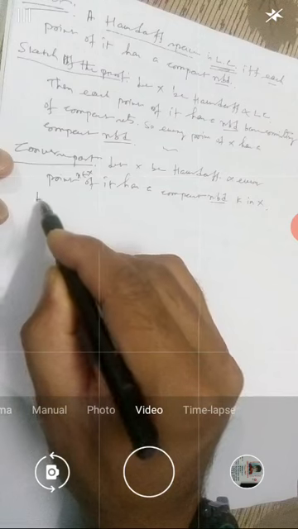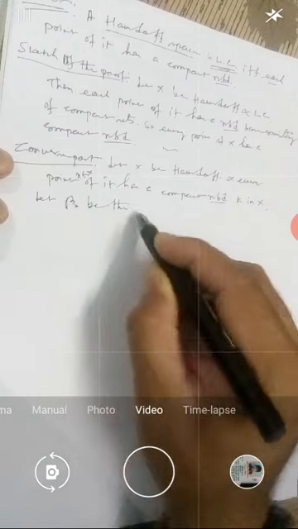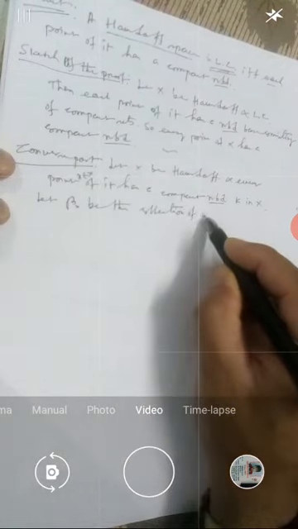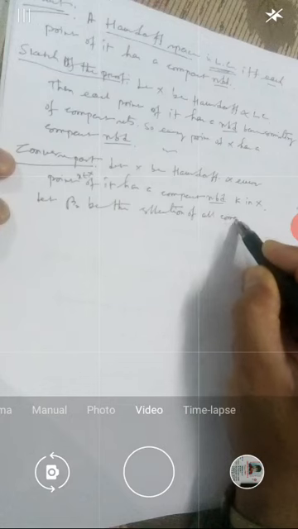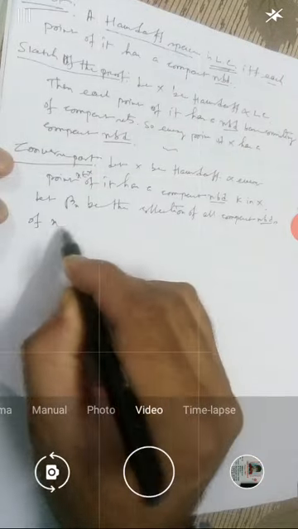So let beta x be the collection of all compact neighborhoods of that point x.